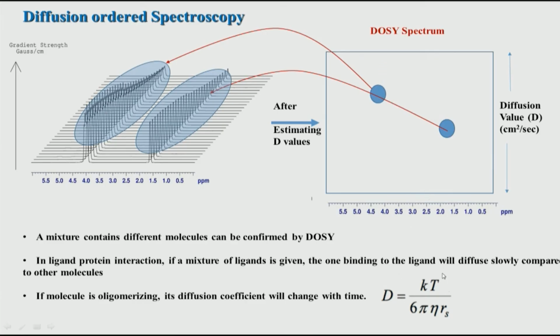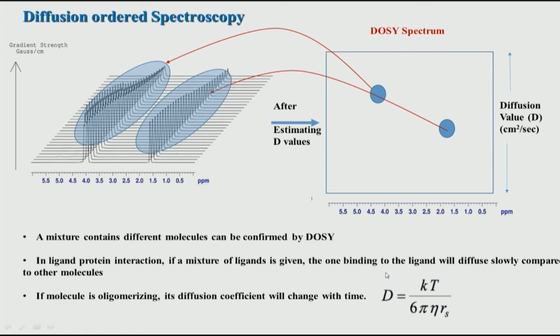Now, according to the famous Stokes-Einstein equation, the D value is directly proportional to temperature and inversely proportional to the radius. This is the hydrodynamic radius of the molecule. So, when it oligomerizes, the hydrodynamic radius will change, and that will reduce the diffusion value.